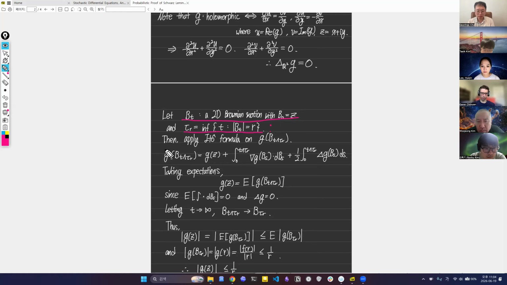Then we will apply Itô's formula to g. Then we can get this equation.